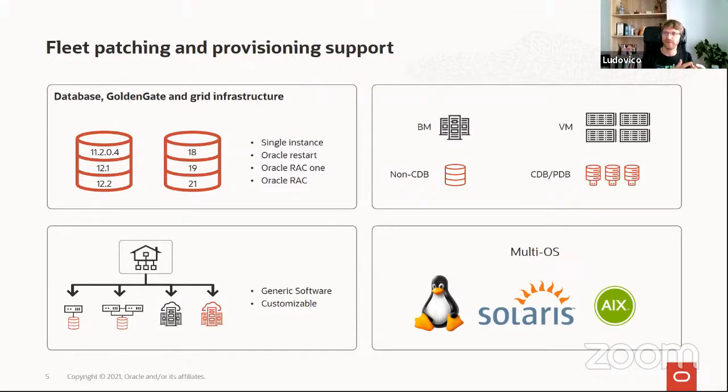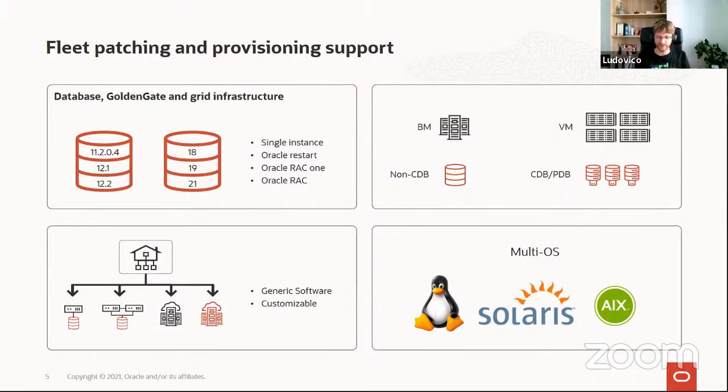So FPP supports a big number of different environments, and you can imagine that having that many different environments, it's very difficult to automate, and that's why we put a lot of effort in finding all the corner cases, all the possible different configurations, like uniform users, or separation of duties, or different Oracle users per Oracle home, per database.